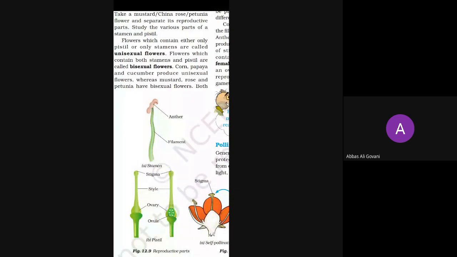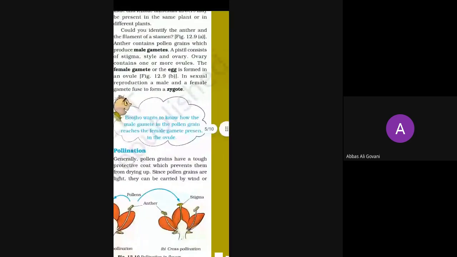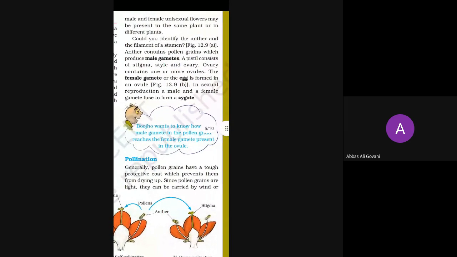Now say if stamen and stigma are there in the same flower, that is self-pollination. But if stamen and stigma are in different flowers, then it is called cross-pollination. Read now.